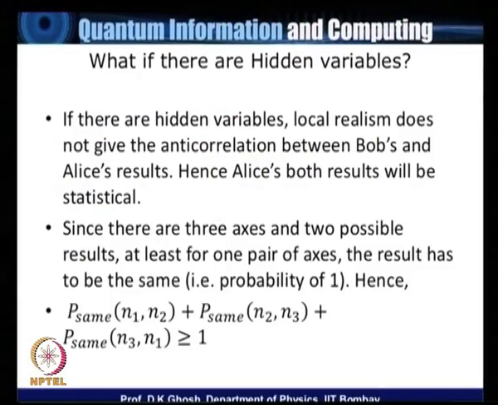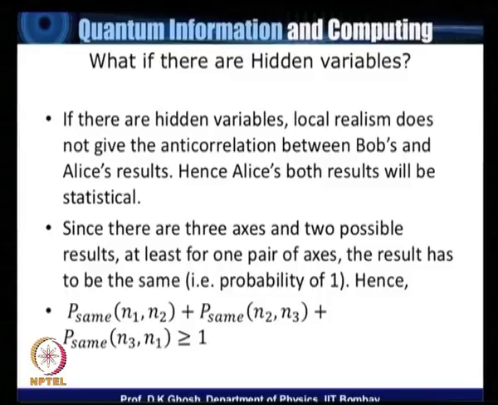Now what happens if there were hidden variables in the problem? Local realism doesn't give any anti-correlation between Bob's and Alice's results. So therefore, Bob informing Alice of the result he got is totally imaginary.